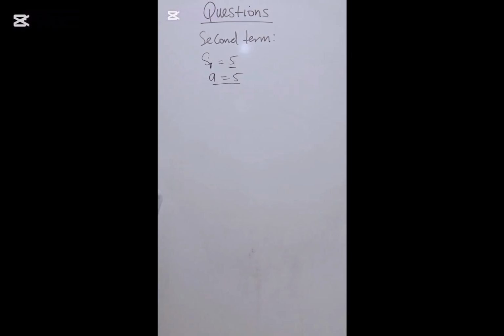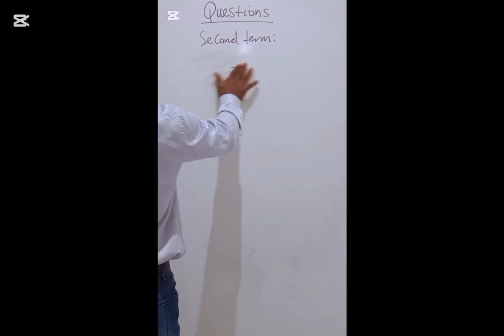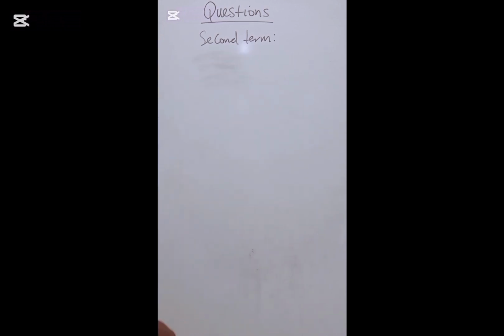The second part of the question says we should find the common difference. To get the common difference, we are going to look for the second term in the sequence. The difference between the first and second term in the sequence is the common difference.